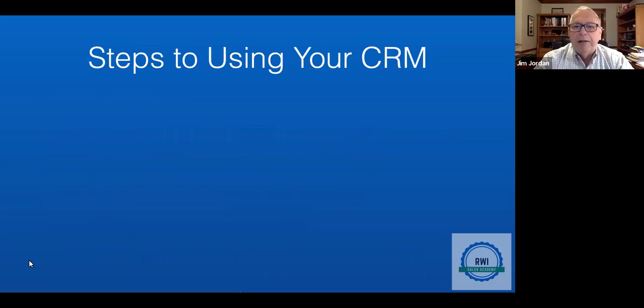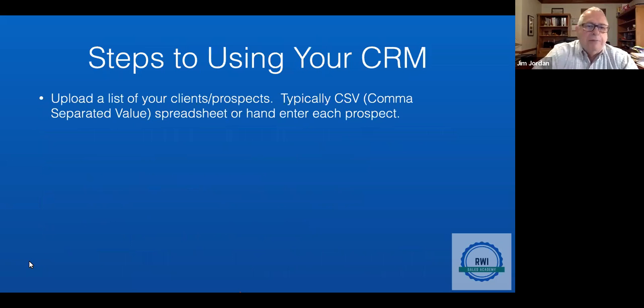So let's talk about steps to using your CRM. The first step is to upload a list of your clients or prospects. And typically that's going to be a CSV or a comma separated value spreadsheet, or you can hand enter each prospect.